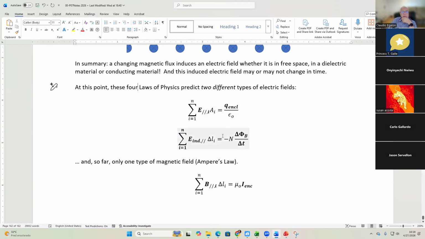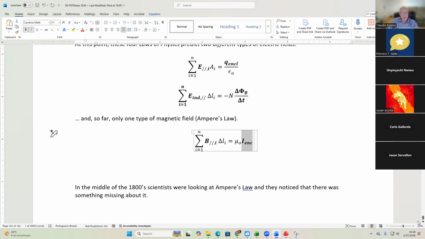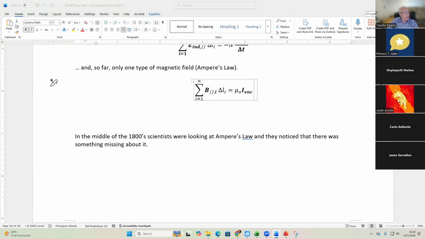Two different types of electric field: an induced electric field that depends on the magnetic flux, and a regular electric field that depends only on the charge distribution. But so far, we have only one type of magnetic field, a magnetic field that depends on the current. And don't forget the other one too, that has a term equal to 0.